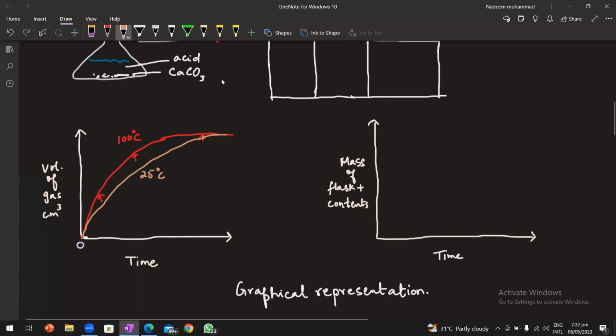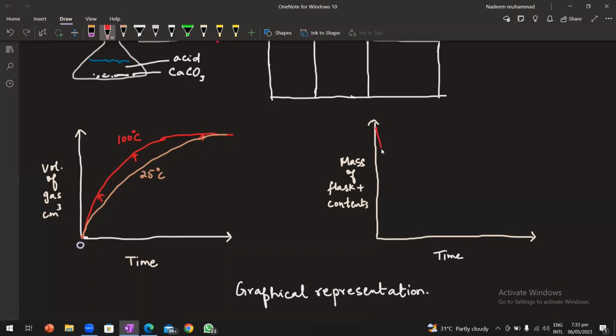In the same way, if you have to plot a graph for the decrease in mass of the flask contents, then again you have to perform the experiment twice by taking hydrochloric acid at a high temperature and a lower temperature. So at the higher temperature, if this is the mass of the reaction mixture, you'll be getting a falling curve because the mass is decreasing.